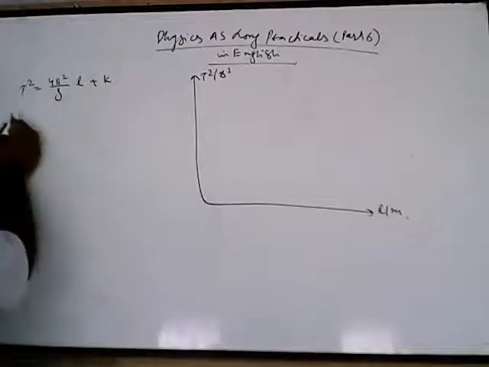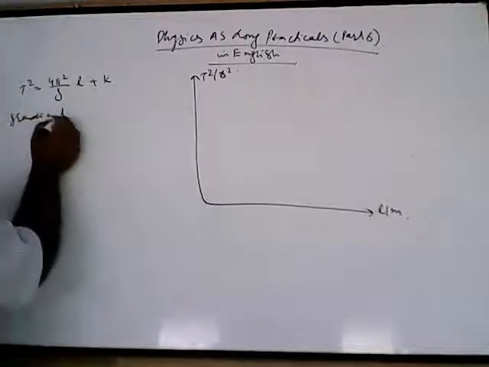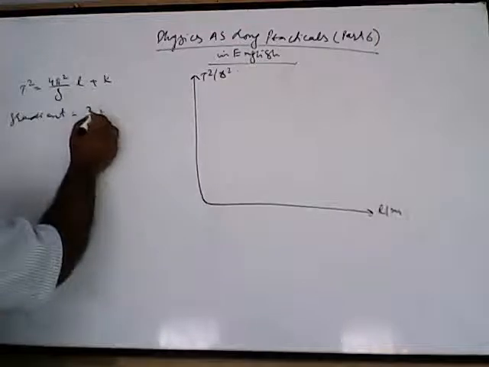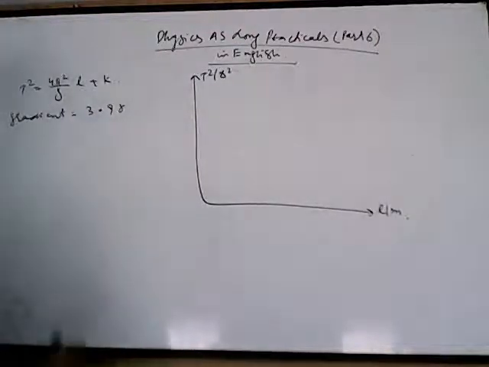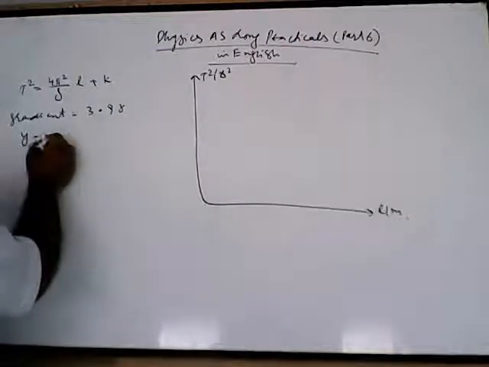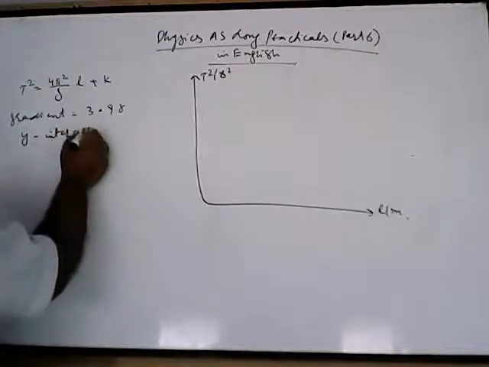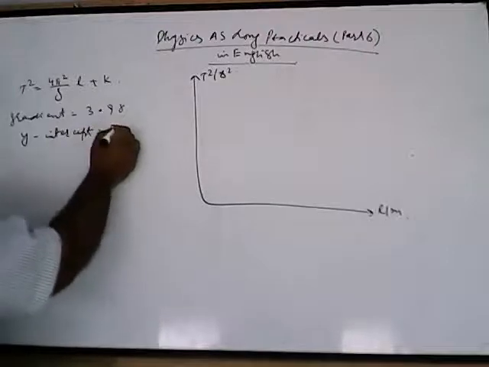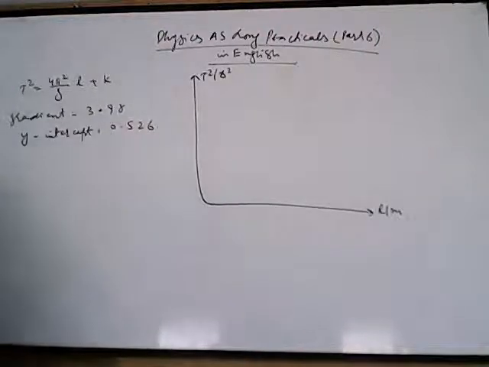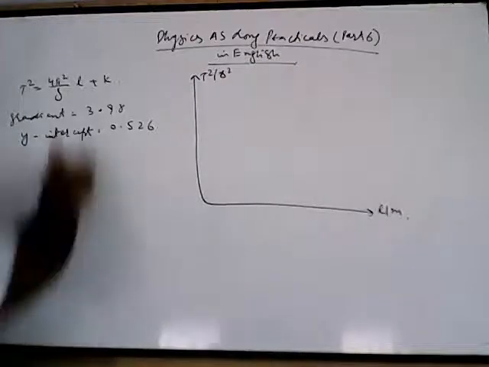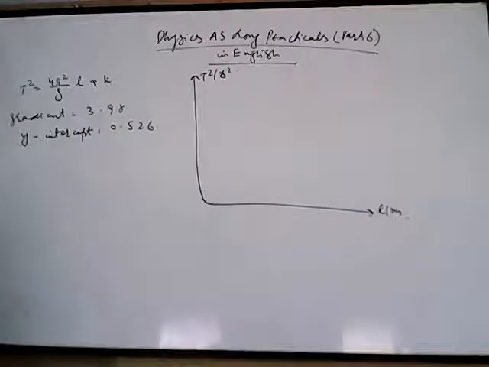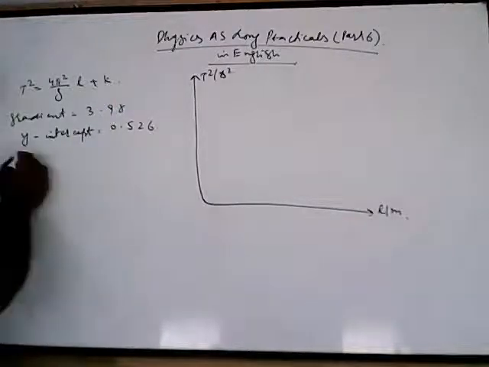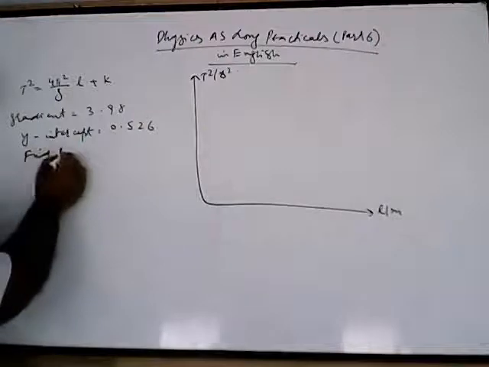And suppose the gradient has been calculated as 3.98 and the y-intercept has been calculated as 0.526. Now these are supposed values. This cannot be according to practicals. Suppose now he says find the value of g. You have to find the value of g and k.